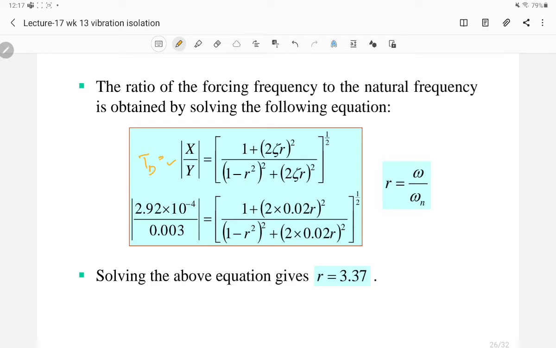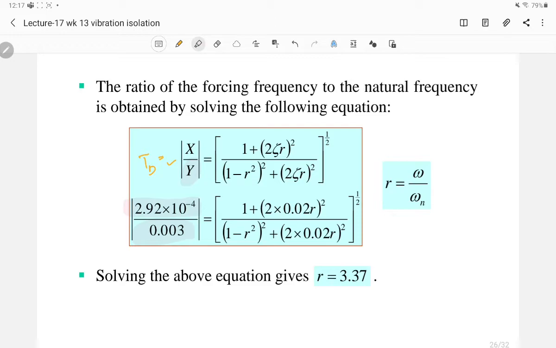You can calculate it because you have your capital X found in the first part, and you also have your capital Y. So that's why you can get this TD.